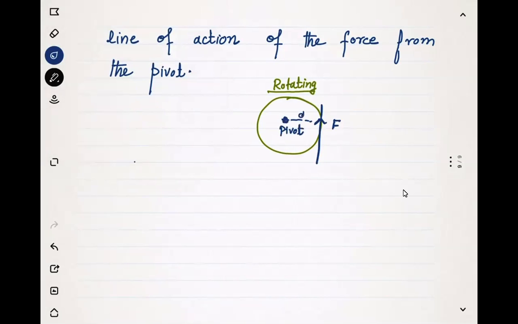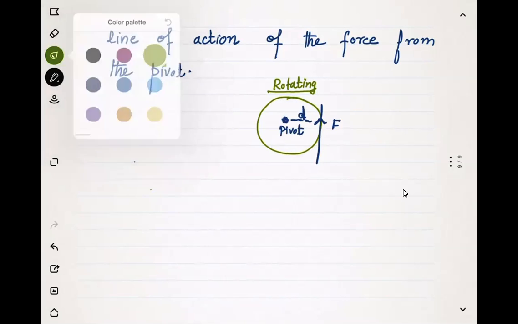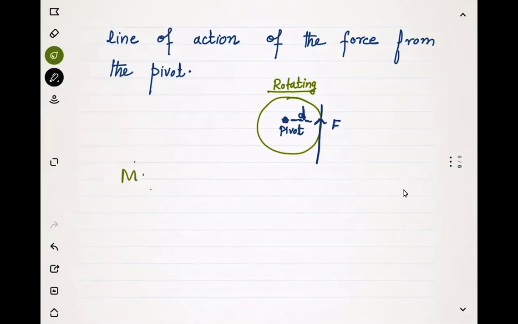So if we multiply this perpendicular distance with the force, we'll get the moment. So moment could be written as perpendicular distance, it's actually a vector, and force. So if we multiply perpendicular distance of a force from the pivot and the line of action of the force, then it is the moment.